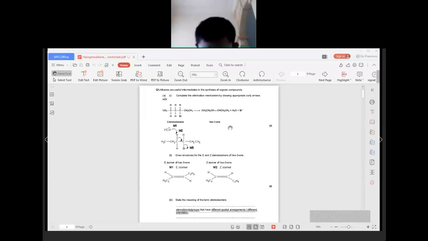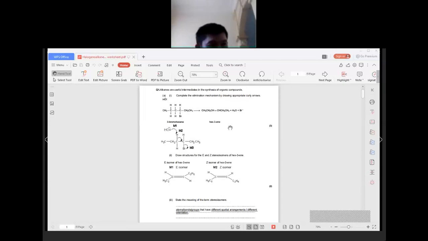For nucleophilic substitution, the reaction requires alkali in the aqueous state. For elimination, the alkali must be mixed with ethanol.